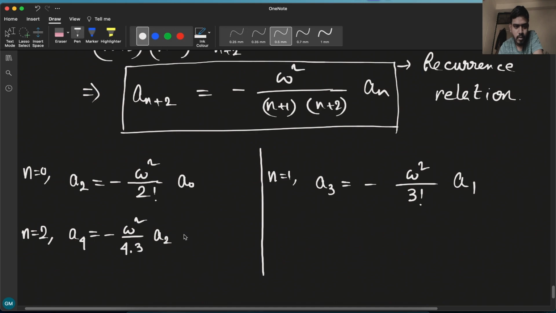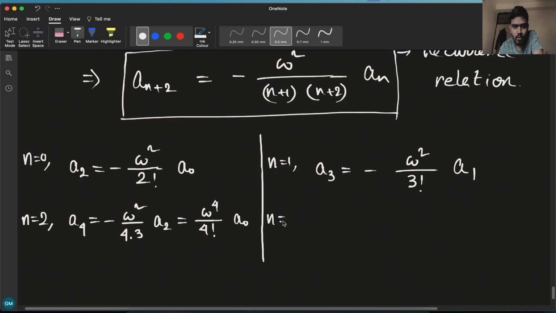And now if I put the value of a2, then it will be omega to the power 4 divided by 4 factorial, a0, because a2 is minus omega square by 2 factorial times a0.